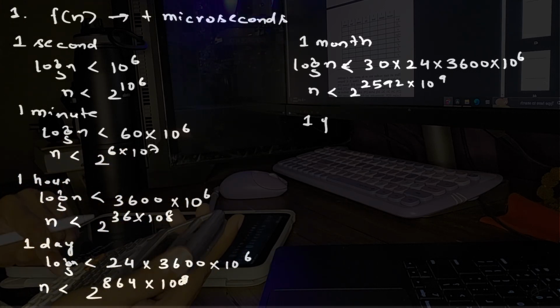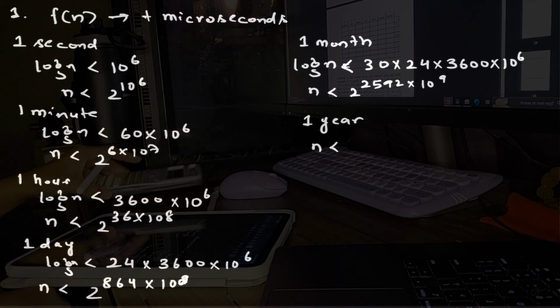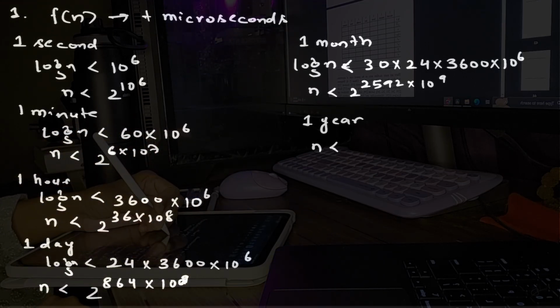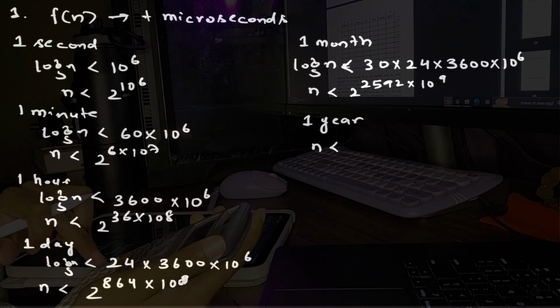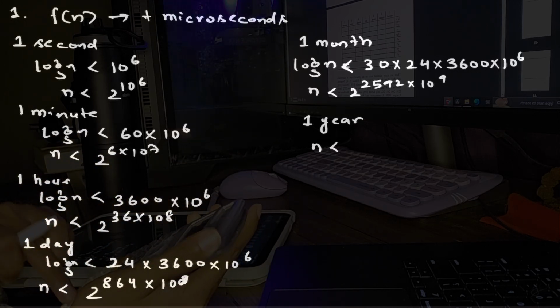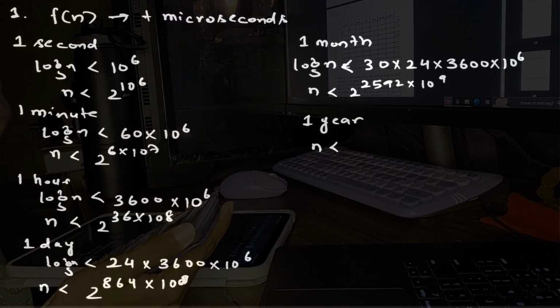Then in 1 year, it should be pretty easy. It will be just multiplied by 12. 2592 multiplied by 12. Now if you're taking 365 days, you can have a different computation. If you do it by the day or by the 12 months, it would be different.